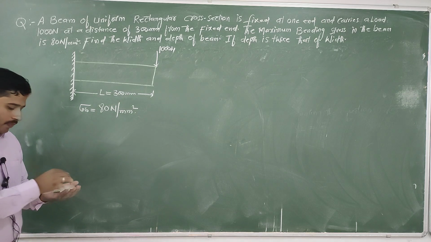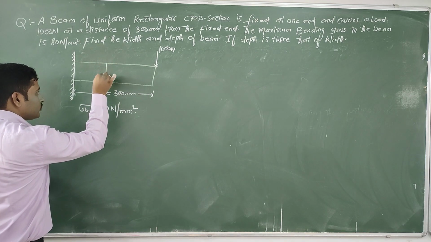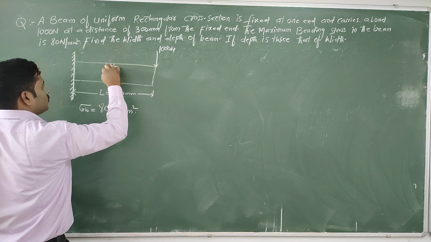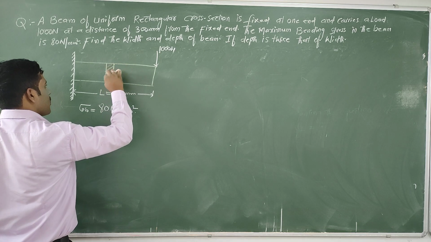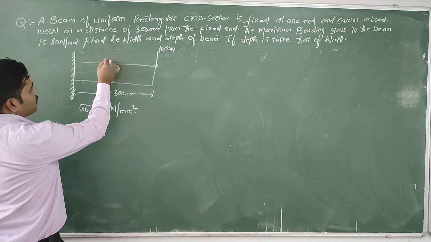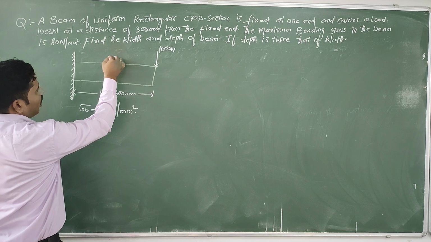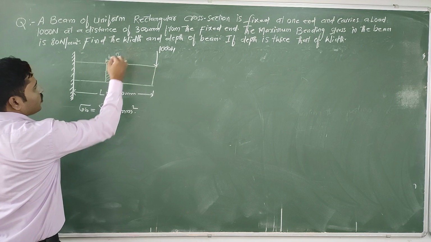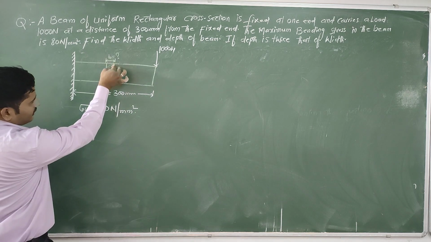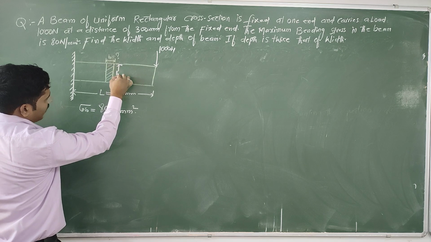Let us assume a rectangular section. Find the width. This means that we need to find out the width of this beam, B, and the depth of the beam, which we can say as H.